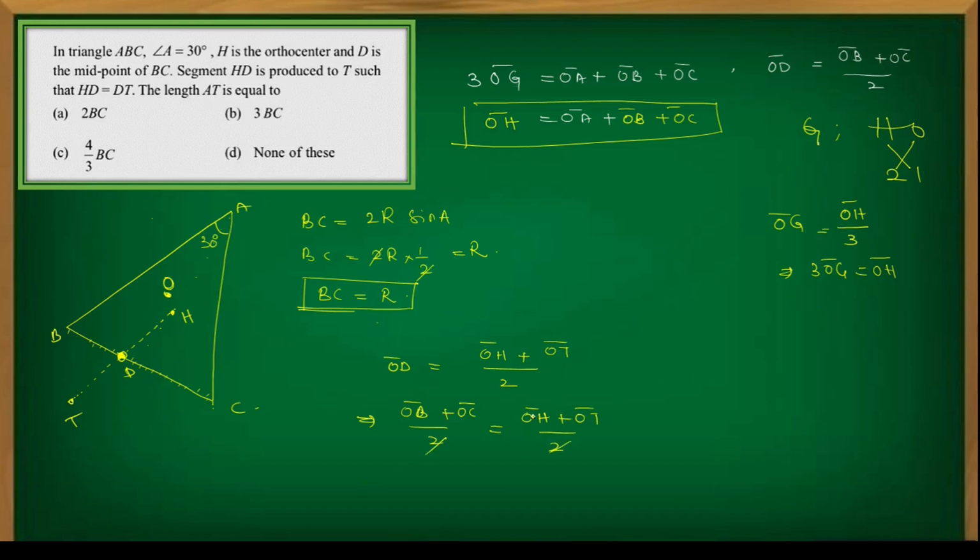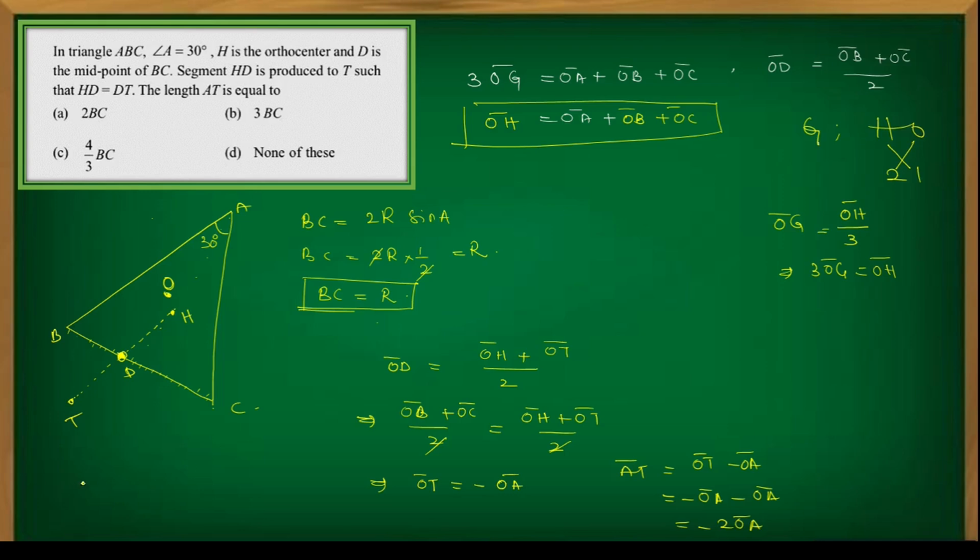But OH is OA plus OB plus OC, so OB plus OC is cancelled. So OT is equal to minus OA. Now AT is equal to OT minus OA, which is minus OA again minus OA, which is minus 2 OA.